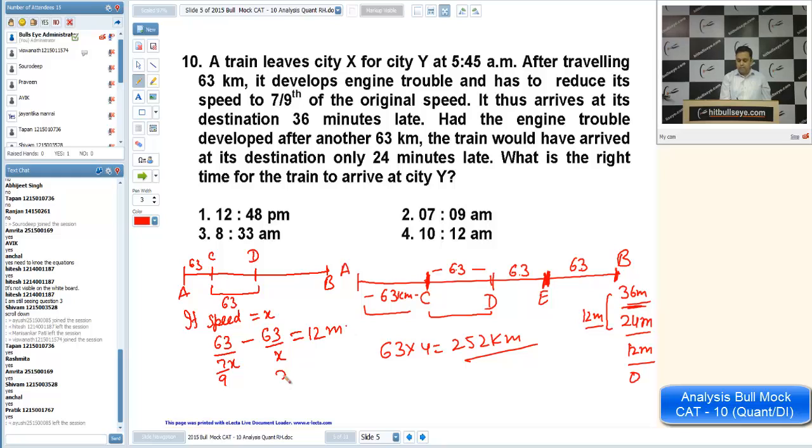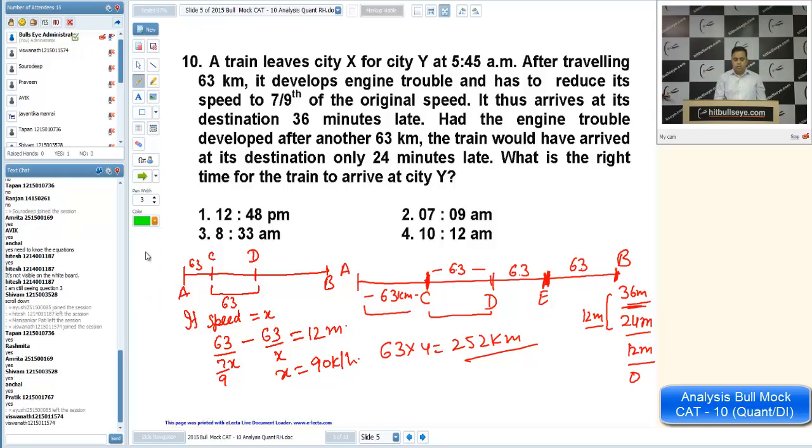So on solving this, we will get x is equal to 90 km per hour. So to travel 252 km, the train is traveling at 90 km per hour. That means the total time taken will be equal to 252 divided by 90, which is approximately 2.8 hours, or it is equal to 2 hours and 48 minutes.